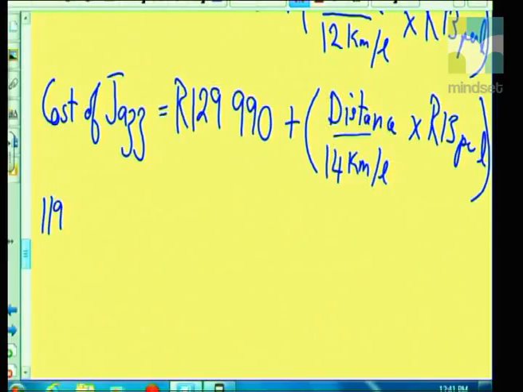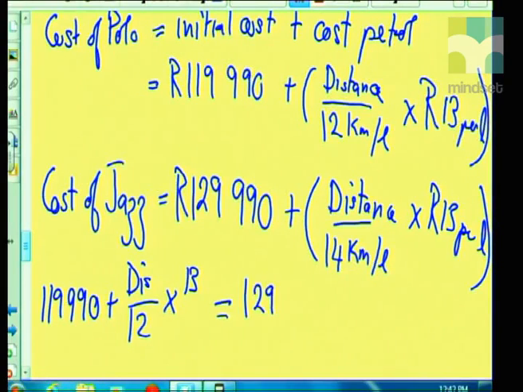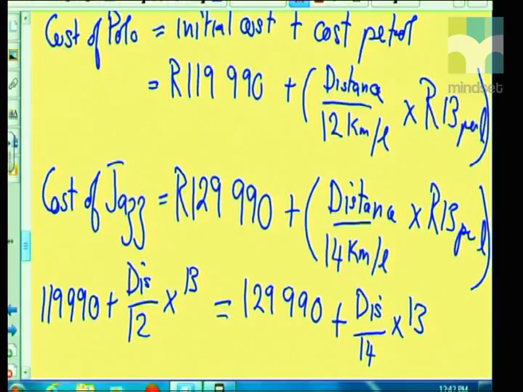I'm going to write it like this: 119,990 plus the fuel cost, which was distance over 12 multiplied by 13. And for the Jazz, it's 129,990 plus the distance divided by 14 multiplied by 13 over 1.